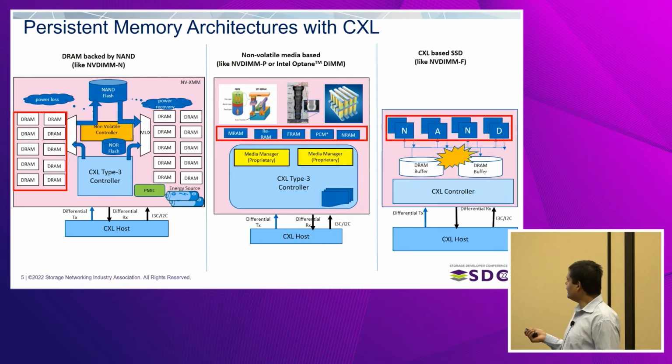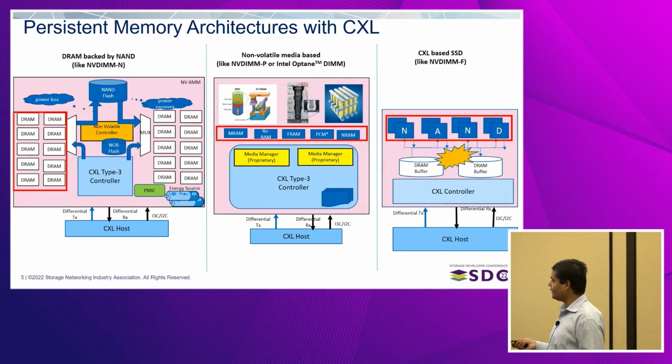The third architecture over here is something which we have seen in Flash Memory Summit. It's CXL-based SSDs. Now, if you compare, there was a similar technology like NVDIMM-F some time back. What this kind of architecture does is it uses DRAM as a buffer, not really as an active media.